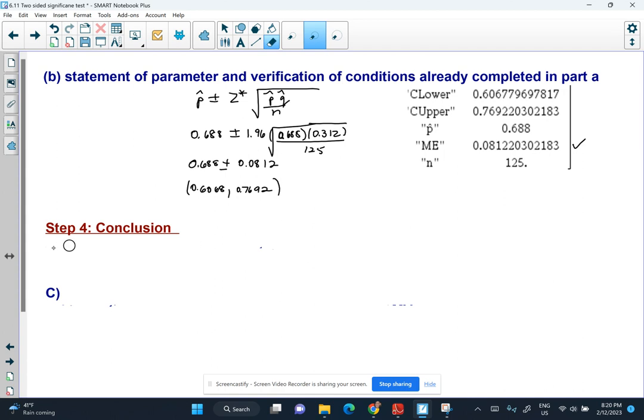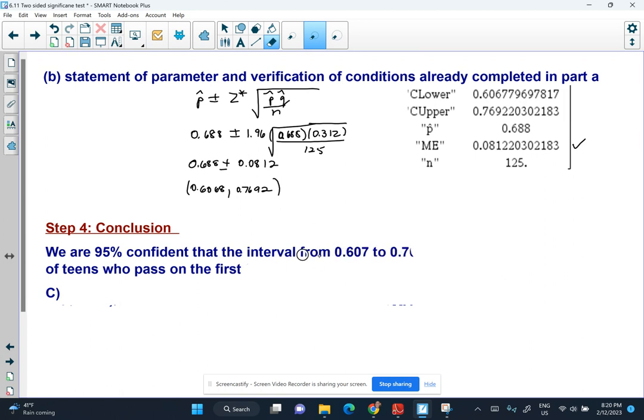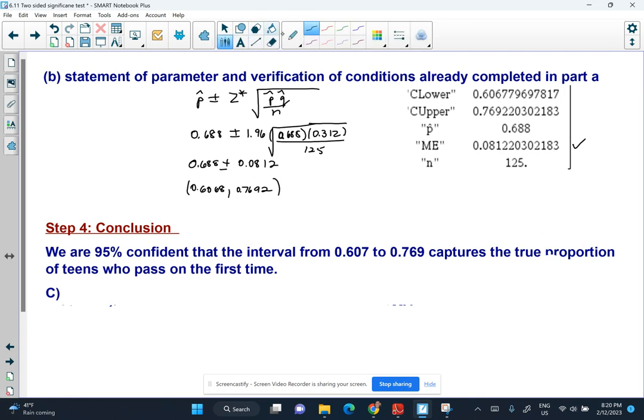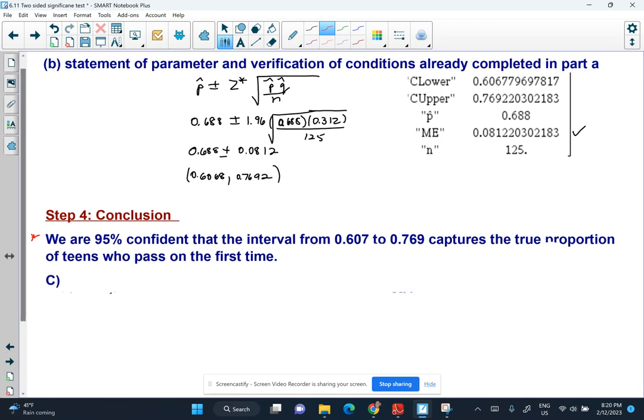And now we interpret. So I'm just going to erase the conclusion. We are 95% confident that the interval from 0.607 to 0.769 captures the true proportion of teens who pass on the first time. Okay, this is an important sentence frame to memorize.